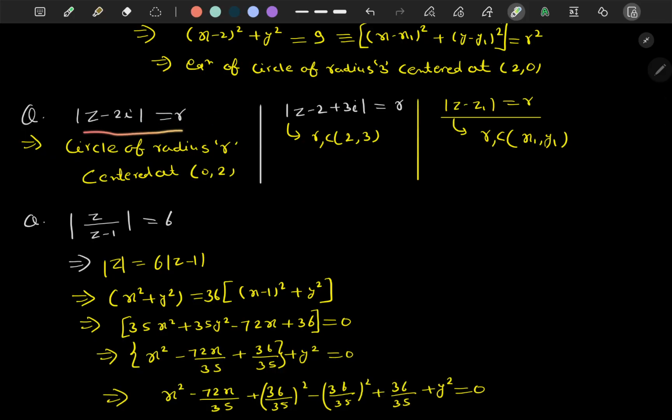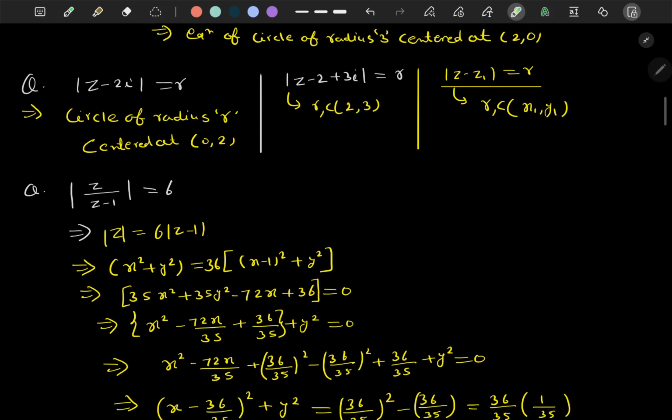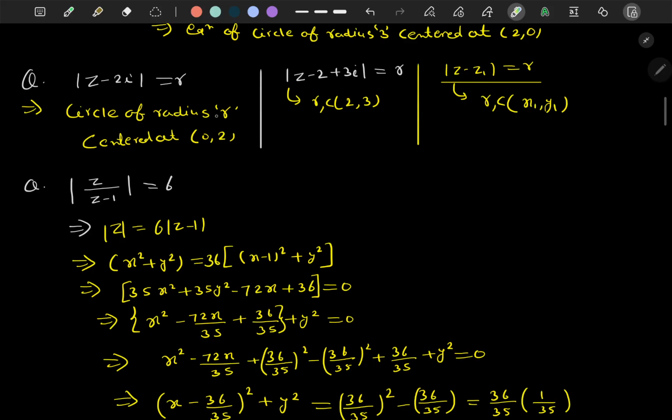Suppose the examiner has asked about |z minus 2 iota| equal to r, or |z minus 2 plus 3 iota| equal to r, and |z minus z1| equal to r. So the radius is r and the center is x1 comma y1. Here the radius is r and the center is 2 comma 3. You can see here, the radius is r and the center is 0 comma 2.